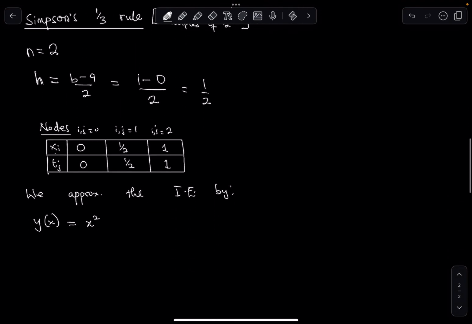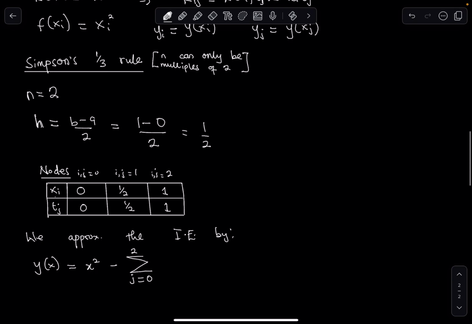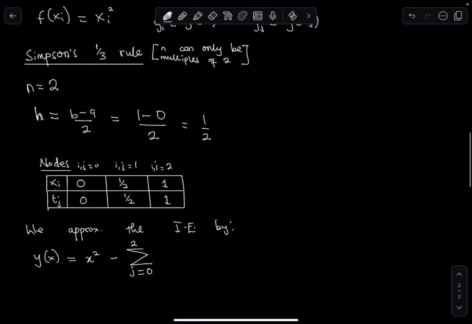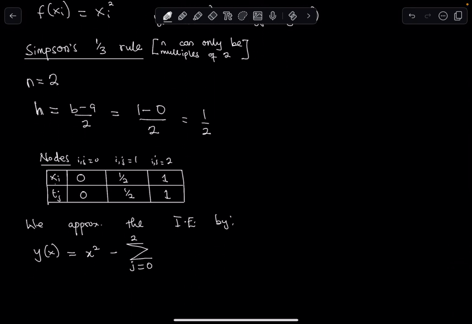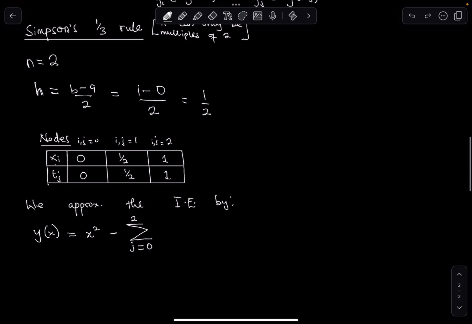minus, okay, so there's going to be a summation, j equals 0. Now you see that we had j equals 0 up to 2, right? So that's going to be up to 2. And then it is only the t's that are changing. The subscripts of the t's will be the ones changing, because you can see that this integral is with respect to t, not with respect to x.